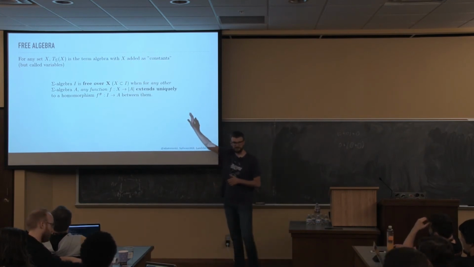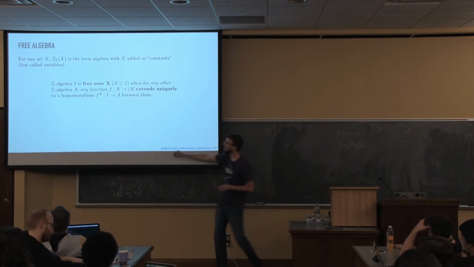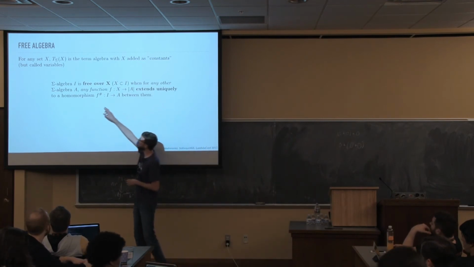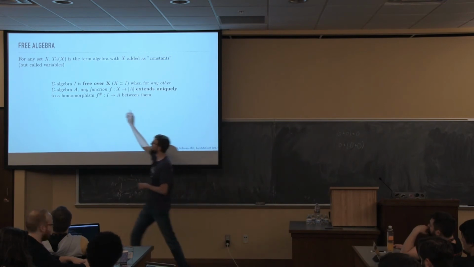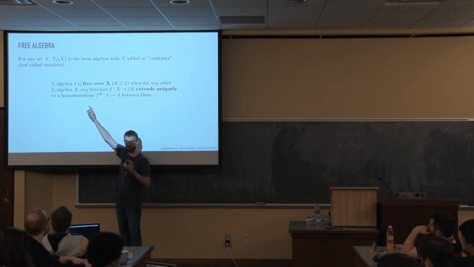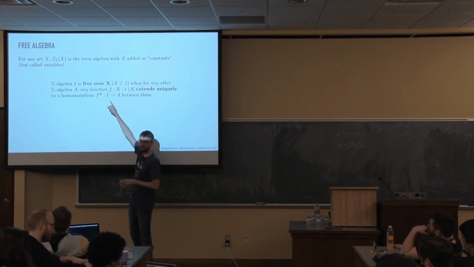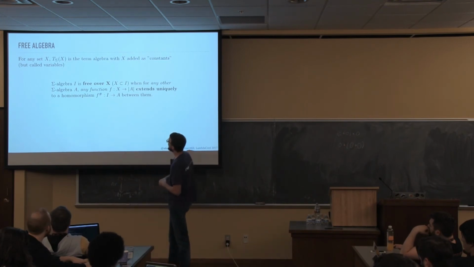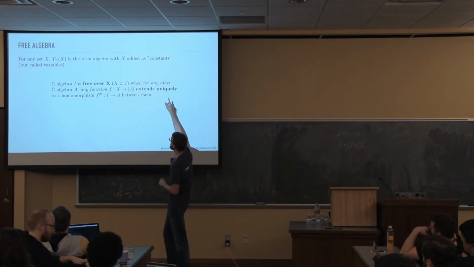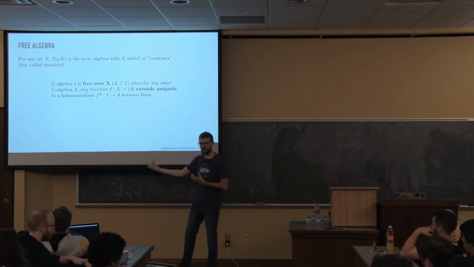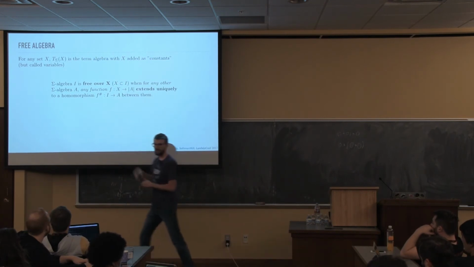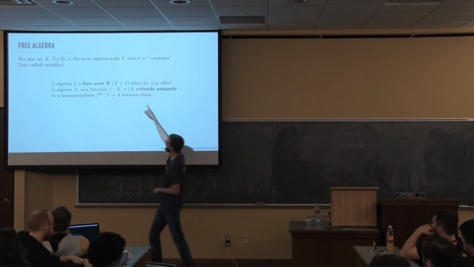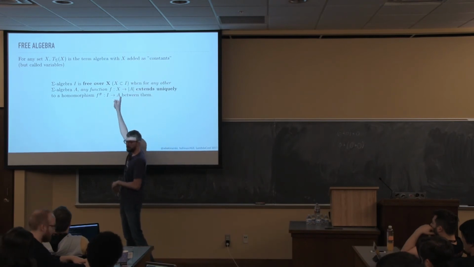again we have a fixed signature sigma. And now we say that an algebra I is free over X. What is important here is both the I, which is the special free algebra, and the set X, which is the set of variables. So we say that I is free over X if we take any other algebra A, and any function from X to A, and this extends uniquely to a homomorphism between these algebras.